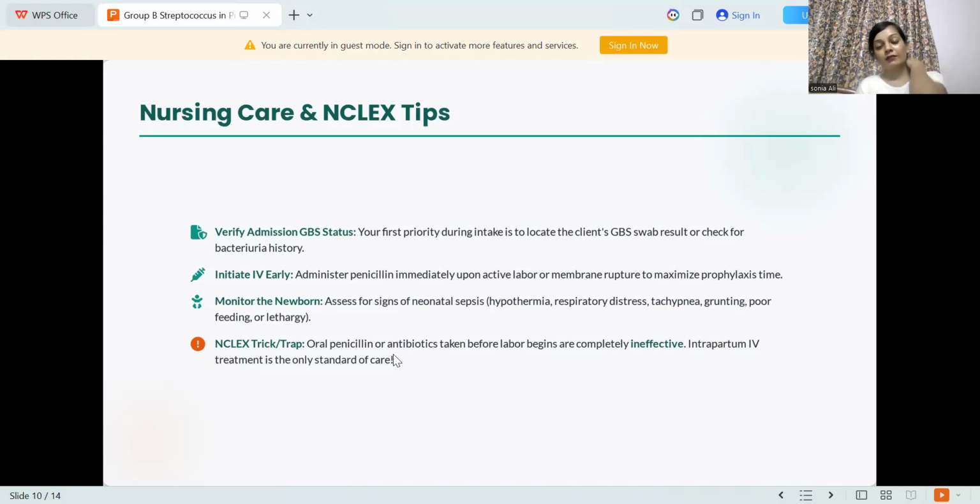Intrapartum IV treatment is the only standard of care to treat GBS, and we give it during active labor, not before labor. Okay.